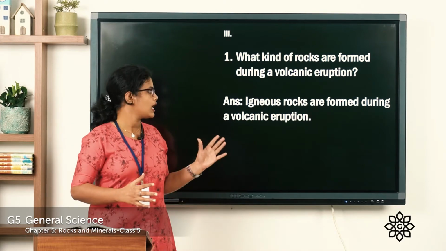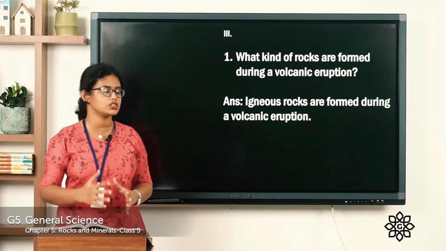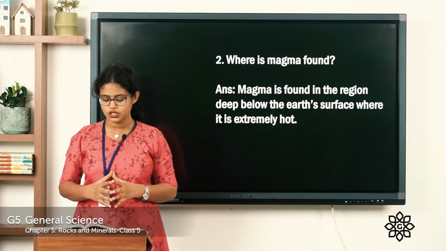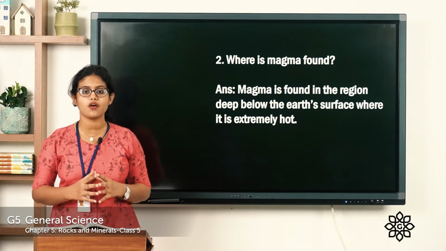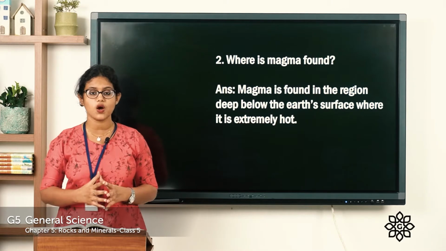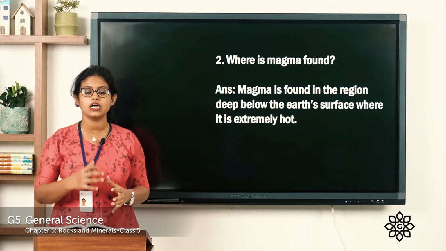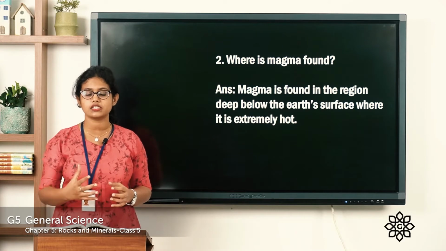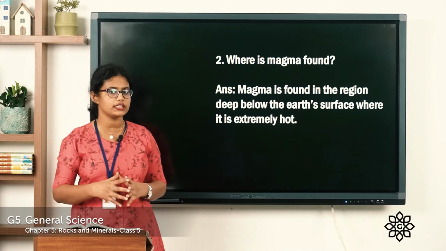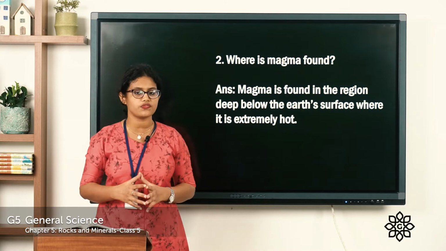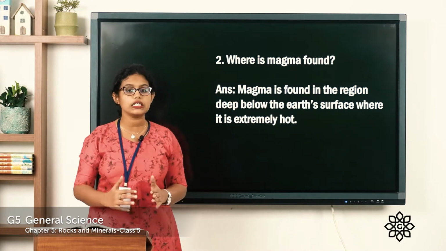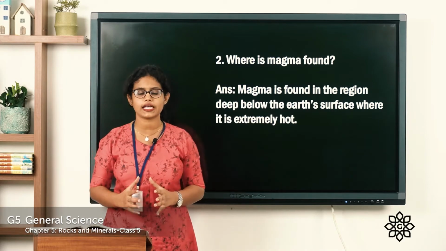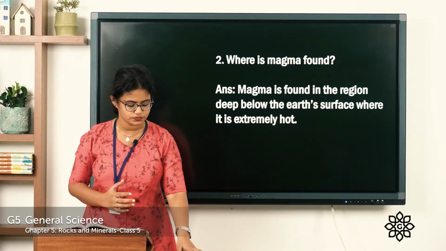The second one, where is magma found? Deep inside the earth surface in liquid state because of the extensive heat. So you can write the answer as magma is found in the region deep below the earth surface where it is extremely hot.